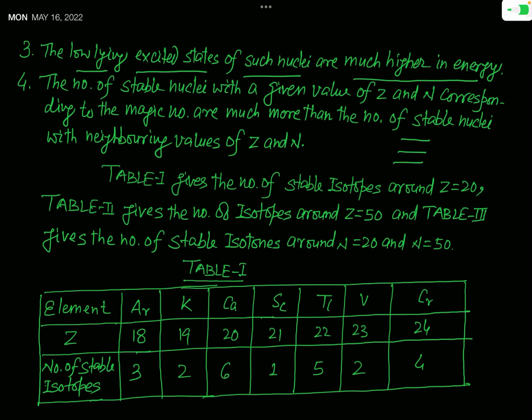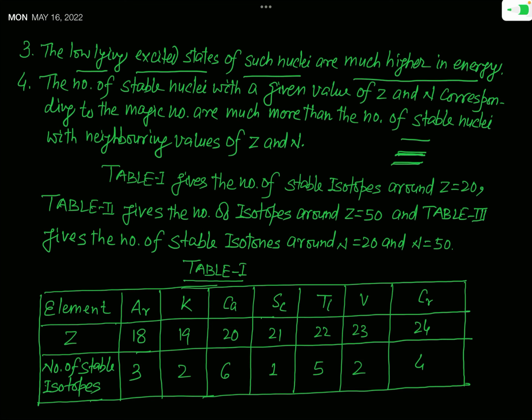If you talk about the excited states of the nucleus, even the lowest excited state, the energy of that excited state is also very large. So it is also an evidence for the magic number.